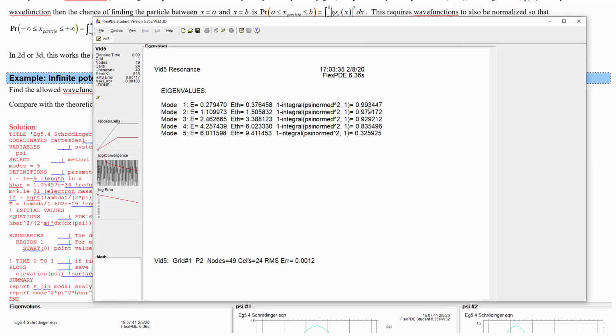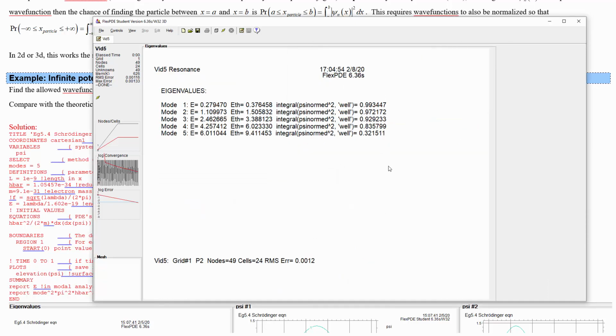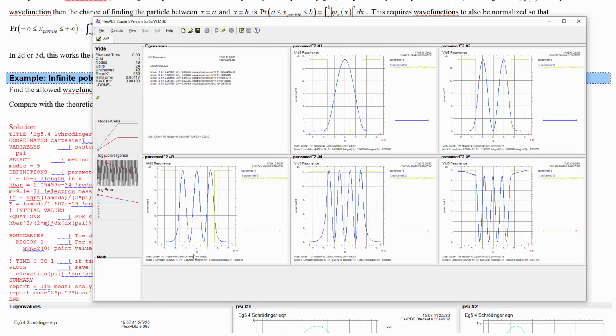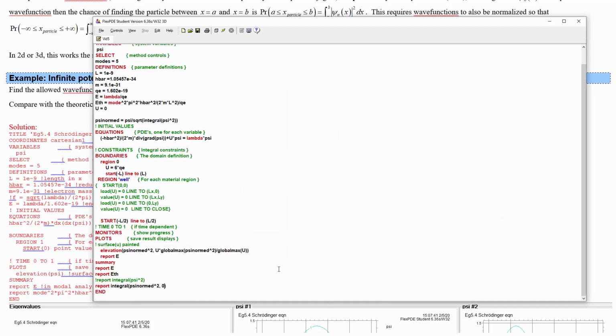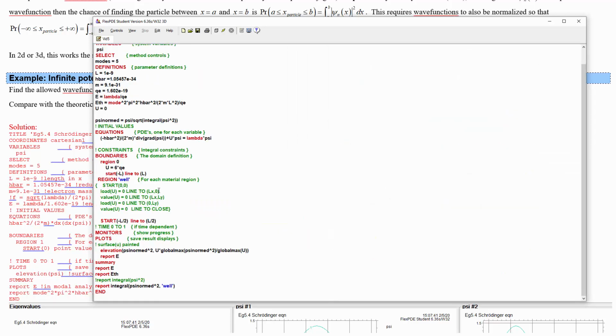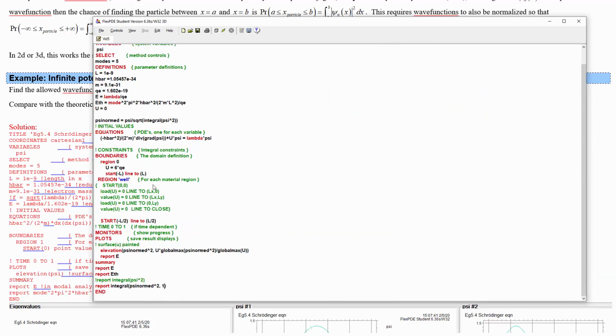This is telling us the probability that, oh, something's interesting here. Okay, I figured it out. When you say 1 here, it's not over the region that's named 1. It actually gives you over the first region, apparently. So that's kind of interesting. When you say well, then that's the thing named well. When we say 1, we don't have anything named 1, but it still works, right?